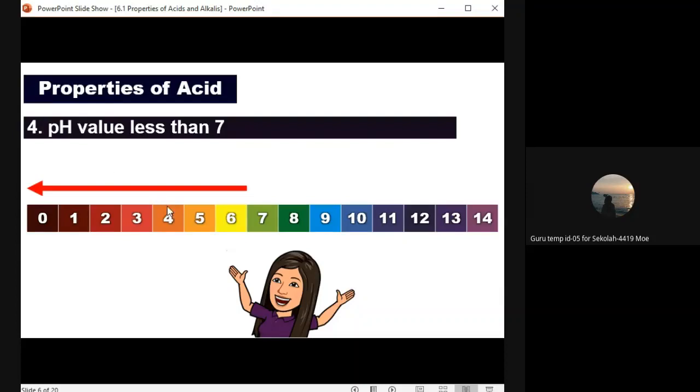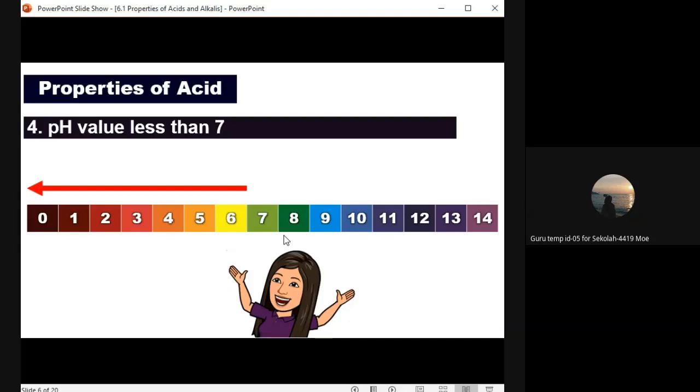So anyway, what is pH? Does anyone know what is actually pH? This is the pH scale, right? So what is pH? It must be related to acid and alkali.